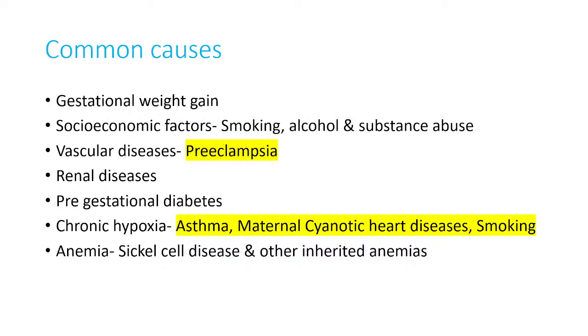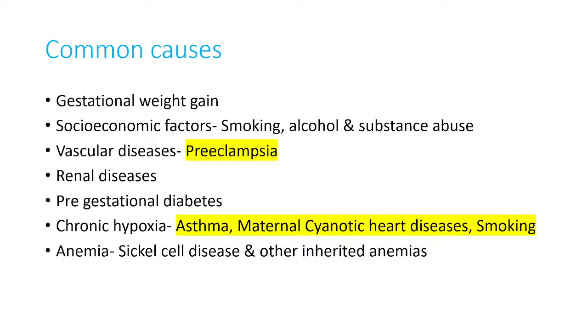Chronic hypoxia causes decreased blood flow to the fetus, and the causes are asthma, chronic cyanotic heart disease and smoking. So, these are the chronic hypoxia conditions in which there can be decreased blood flow to the fetus and that can cause FGR.